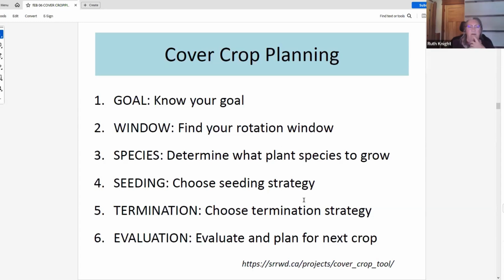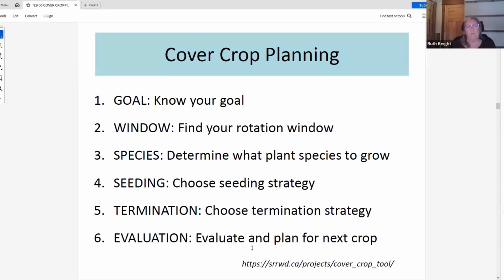The resources are down here at the bottom, and we will be putting this on the resource list. So there's 6 steps in terms of knowing the goal, finding the window in the rotation where the cover crops are, you can fit those into your rotation window. There's a couple options there.